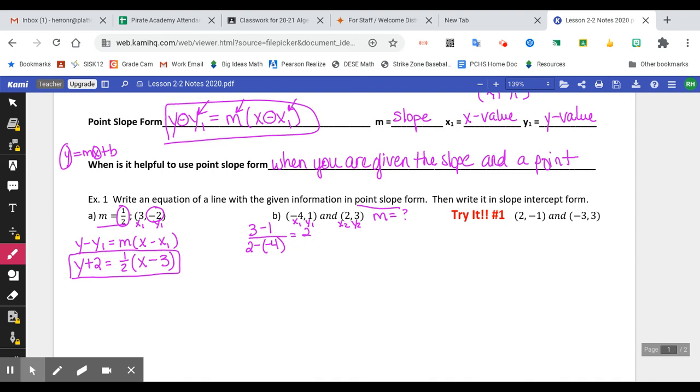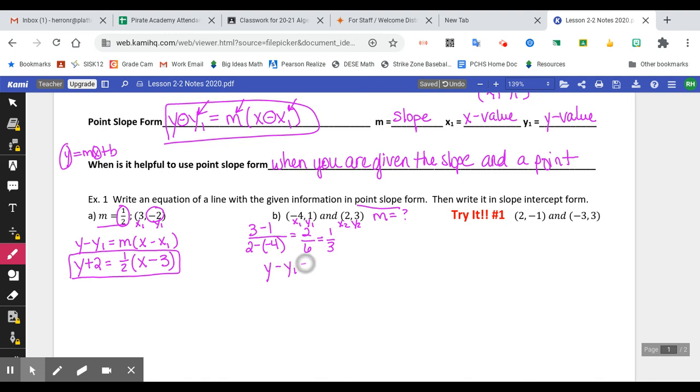The top gives me 2, and on the bottom these become a positive, so that gives me 6. When I simplify, it's 1/3. For the next part, when we're plugging it in, I don't care which point you use. I know we labeled these x1 and y1, x2 and y2, but they're both points on the line, so it doesn't matter which one you choose.